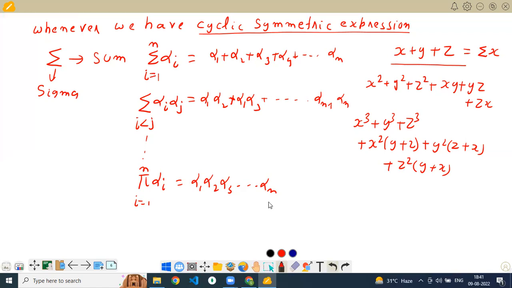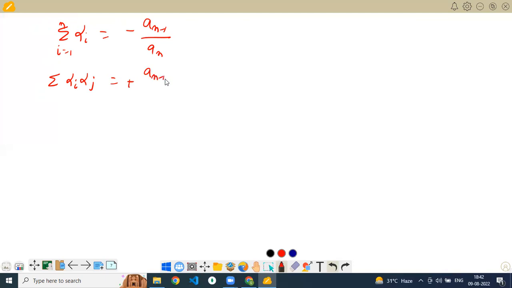So I will again repeat this. I can say that summation of alpha i, i equal to 1 to n, is simply equal to minus a n minus 1 upon a n. Summation of alpha i alpha j is equal to plus a n minus 2 upon a n. And the product alpha 1 alpha 2 up to alpha n is equal to minus 1 to the power n a0 by a n.